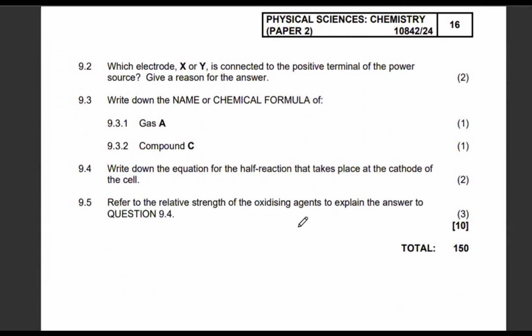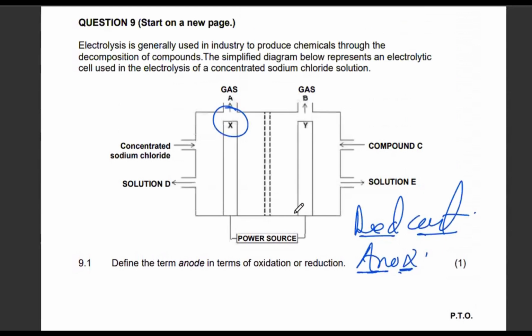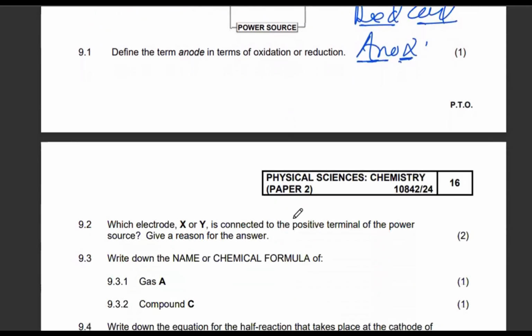Then, which compound is compound C? Compound C is chlorine gas.